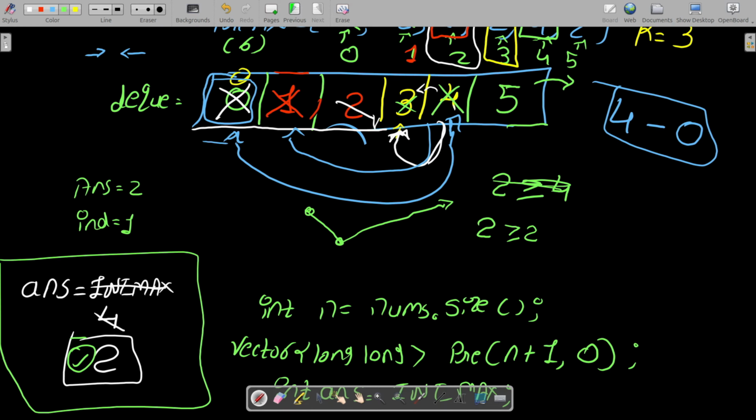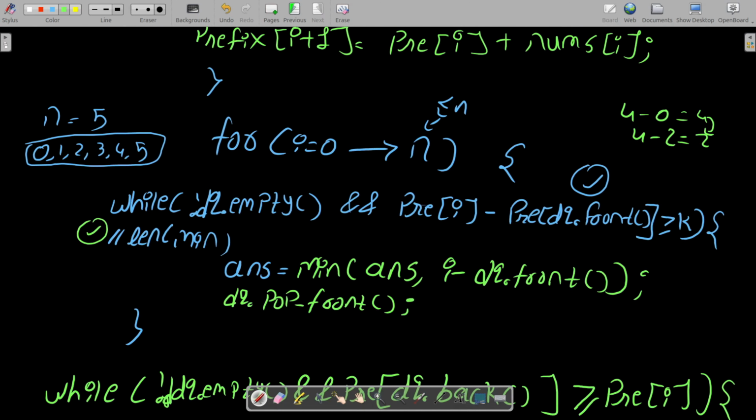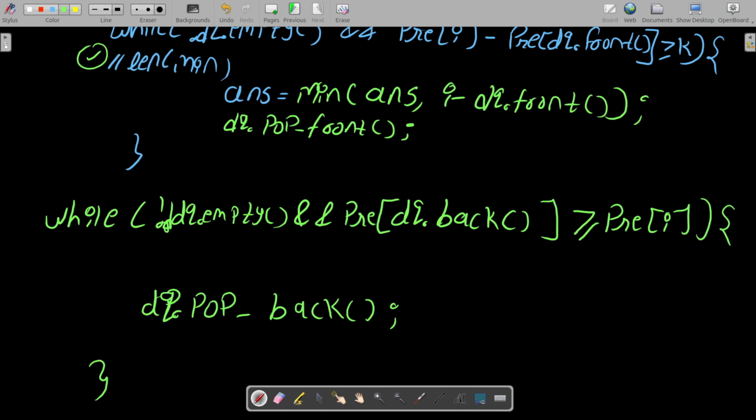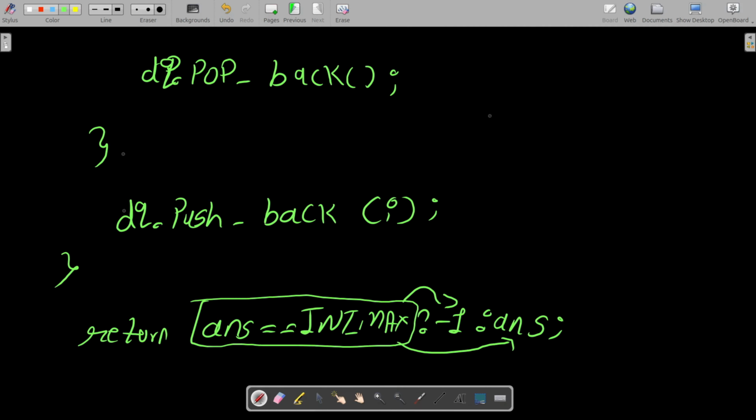Please do 2-3 dry runs so you could understand the logic and everything in the correct manner. And here the time complexity would be of course O(n), and if you consider the extra space, it will be O(n) for the prefix sum array.